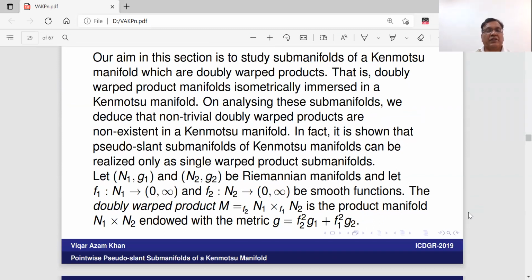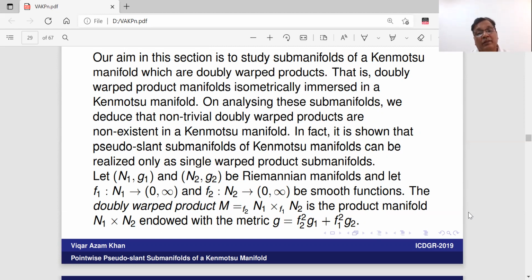So what happens is, if you have two Riemannian manifolds, say N1 and N2 with Riemannian metrics G1 and G2, and F1 is a real valued smooth function on N1, F2 is a smooth function on N2, then the warp product, which we write as F2 N1 times F1 N2, is a product manifold endowed with a special metric G equal to F2 squared G1 plus F1 squared G2.